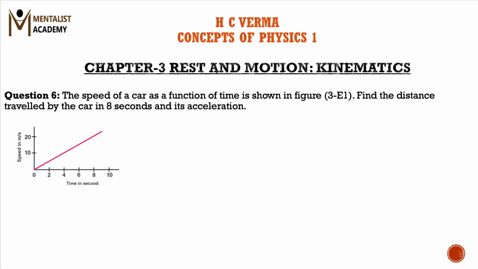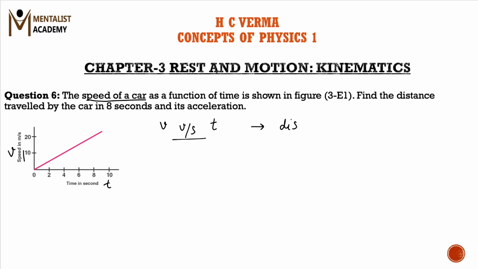In this question we are given a curve, that is a velocity versus time curve. Whenever we are given a velocity versus time curve, here the speed of the car is given, so this is a speed versus time curve.